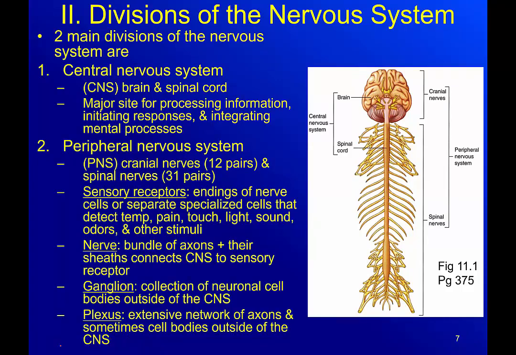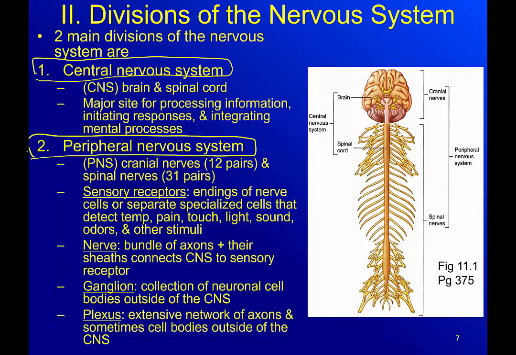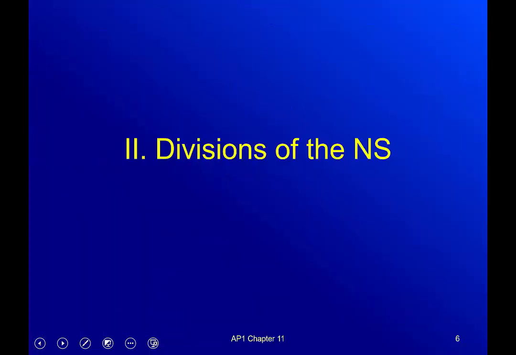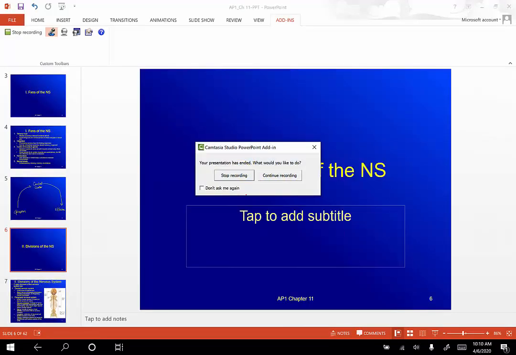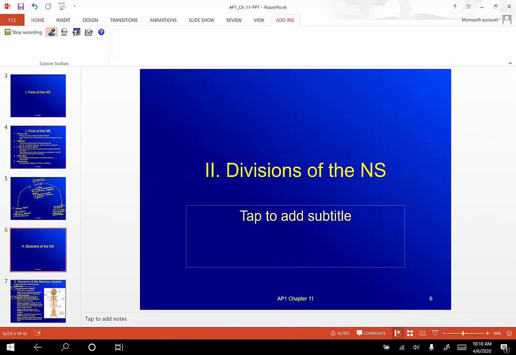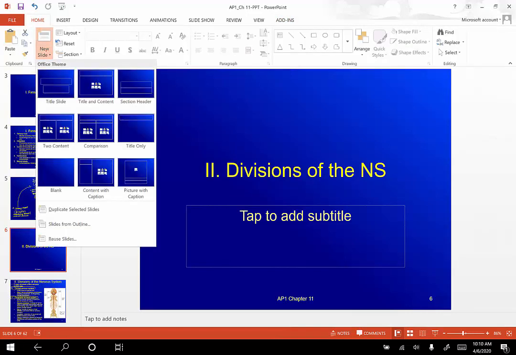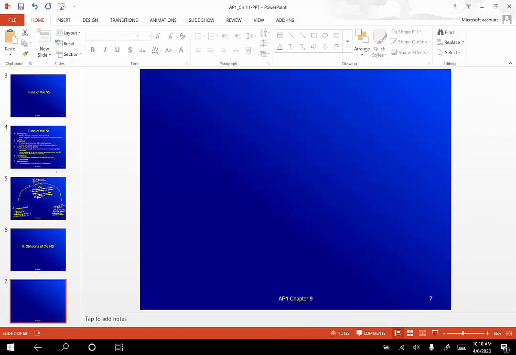Okay, so the nervous system itself has 2 primary divisions, the central nervous system and the peripheral nervous system. And actually, most of the time I draw this on the board. So I'm going to add a slide and kind of draw everything out.